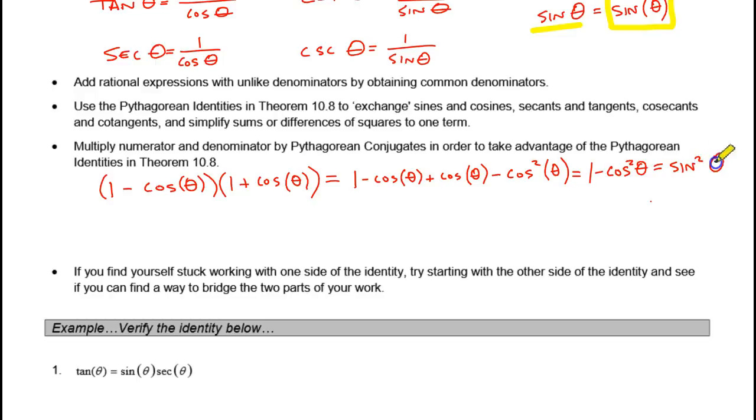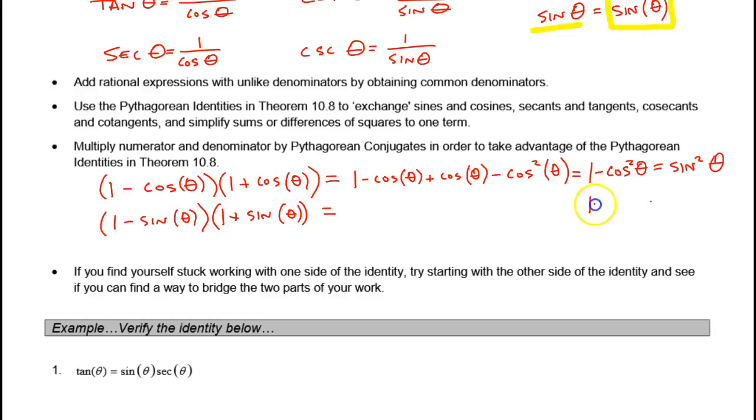If you go back and look at our Pythagorean identity, sine squared plus cosine squared equals 1, we can rearrange that to get 1 minus cosine squared equals sine squared theta. We can do the same thing with 1 minus sine theta. Its conjugate is 1 plus sine theta. And we're going to get something similar.